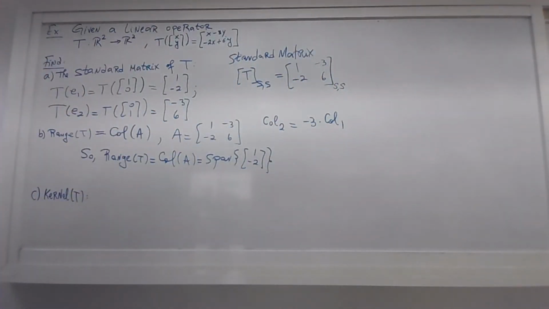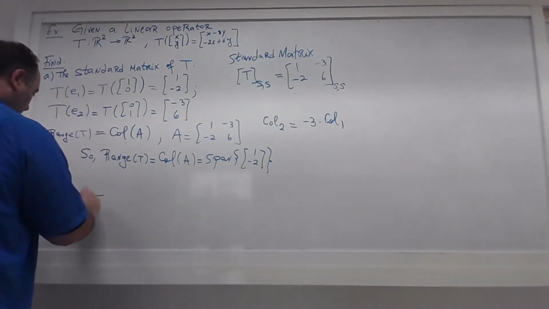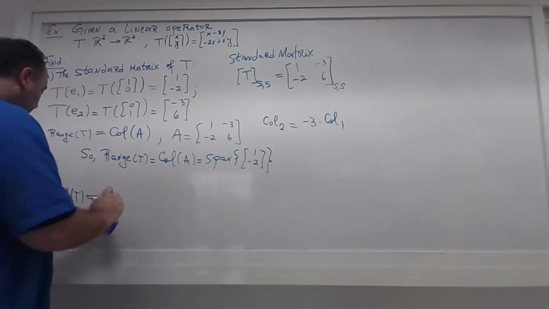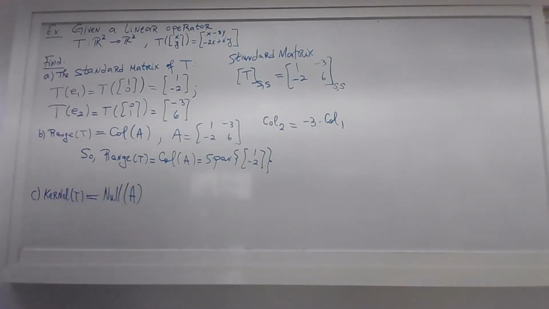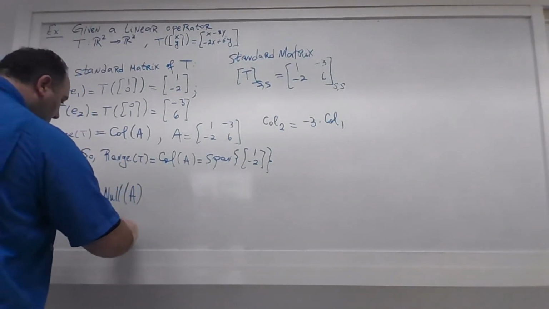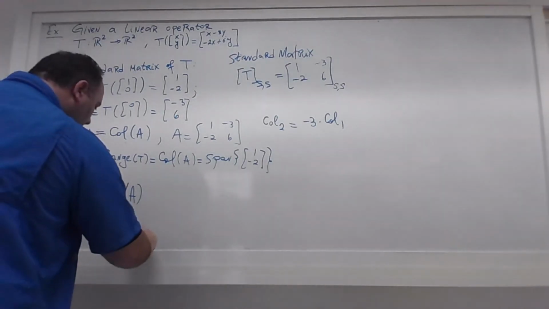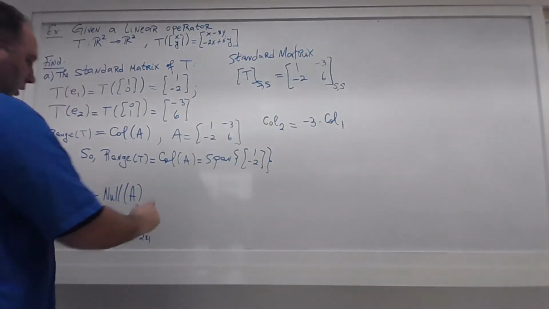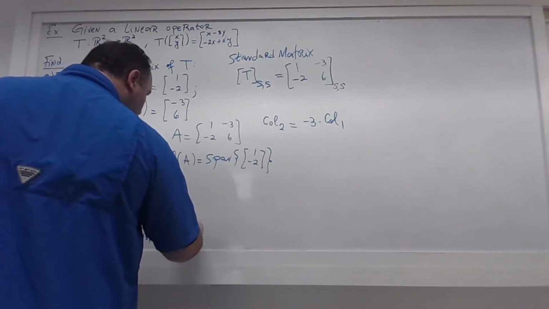Okay, so now I need to find the kernel of the linear transformation, and we know it's equal to the null space of the matrix. So what's the null space? Well, I need to solve AX equals 0. Well, 0 here is 2 by 1. So I need to solve this system here.